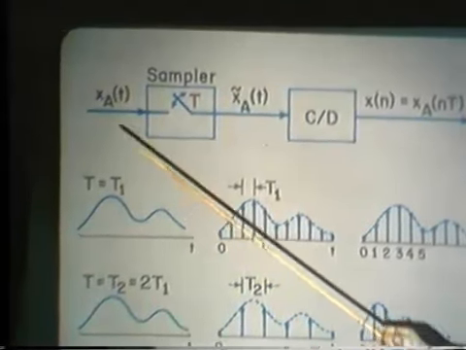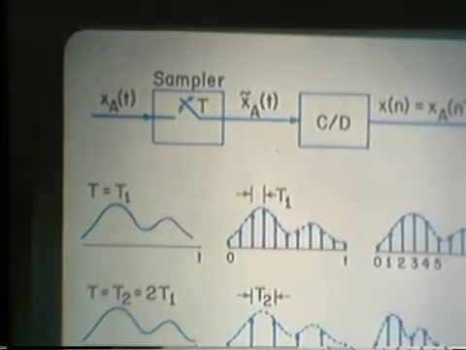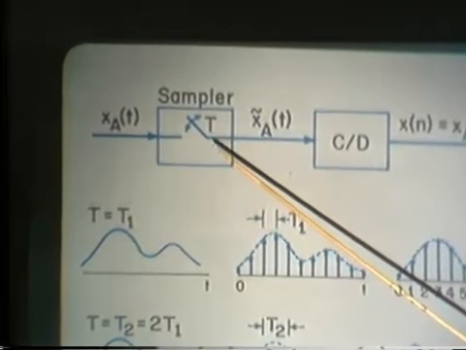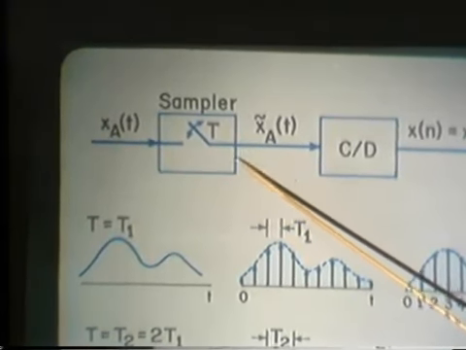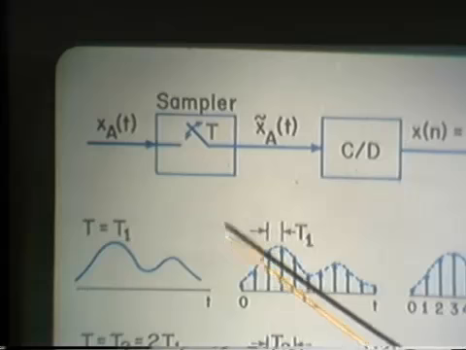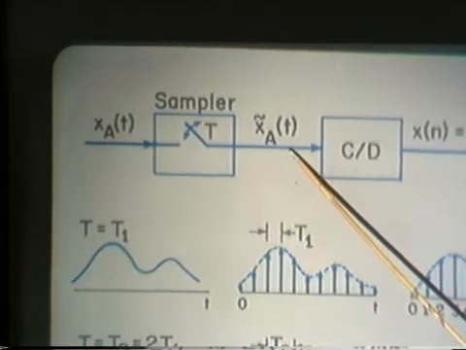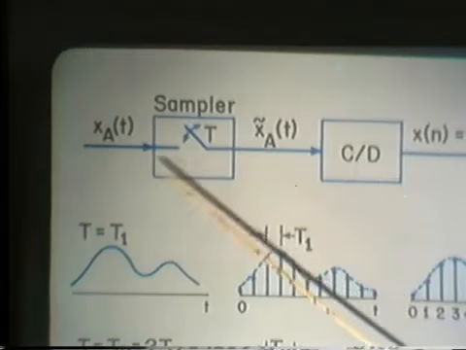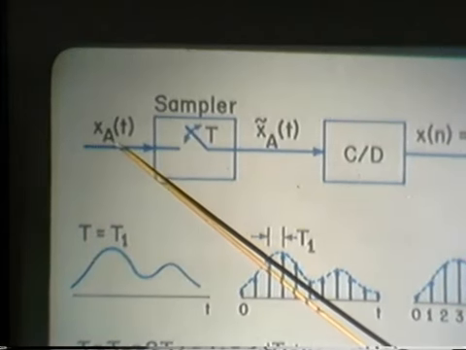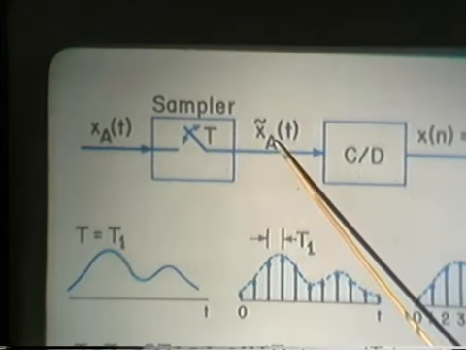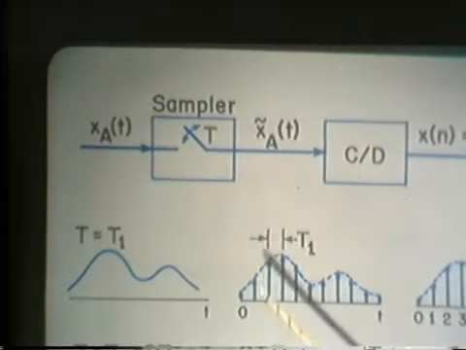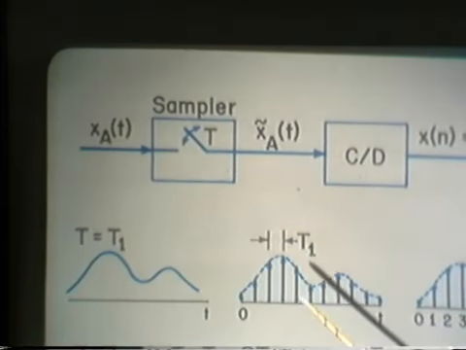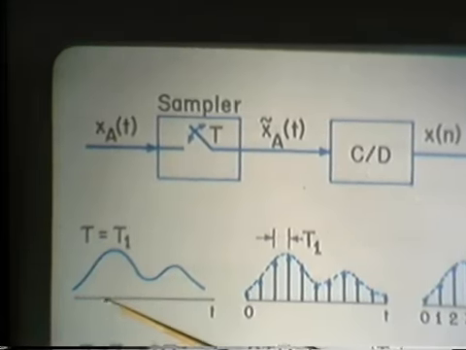And the steps that we would go through to convert that to a sequence are, first of all, to go through a sampler, which I've indicated here. And the output of the sampler is then a sampled continuous time version of this signal. This essentially is the input signal multiplied by an impulse train. So I've indicated that here.